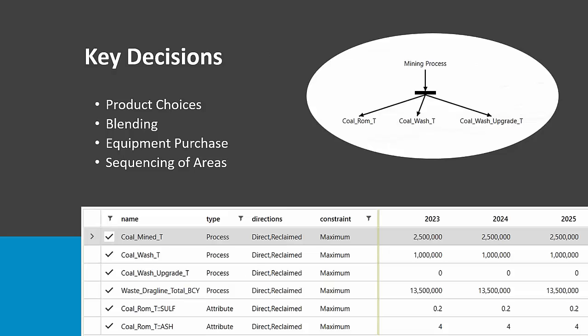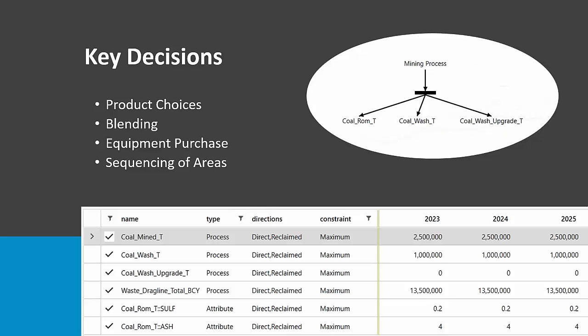So some key decisions. These are the decisions that you're going to start out with when you're building your model. Product choices. For this example, I'm going to have ROM tons, so straight feed out to product, a wash plant, and then an upgraded wash plant. Within that, we're going to have blending constraints.